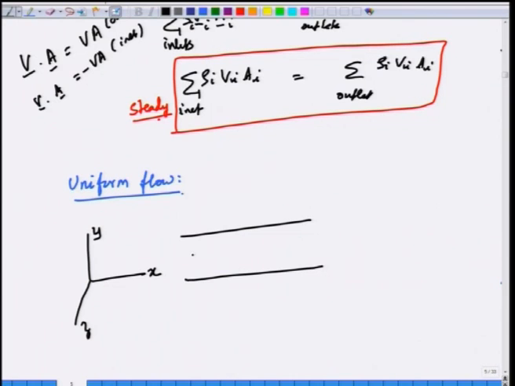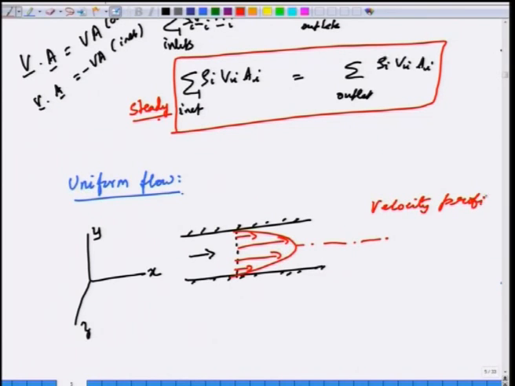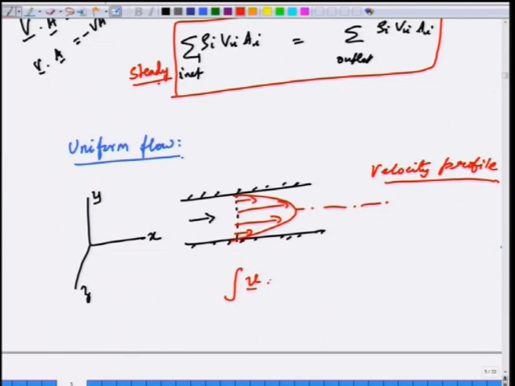If you have flow between two rigid plates, then the velocity in the fluid will in general be non-uniform, that is, the velocity will be 0 at the walls and maximum at the center. This is called a velocity profile, and in general one cannot pull the velocity out of the integral of v dot n dA, because velocity is a function of the coordinate with which you are integrating. So one has to do this integration in general.